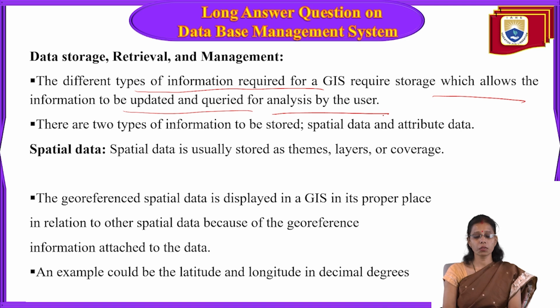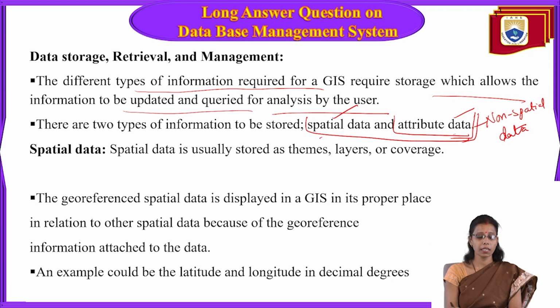There are two types of information to be stored: spatial and attribute. Every time you talk about a database, we have these two types of information, spatial data and attribute data. Attribute data is also called non-spatial data.